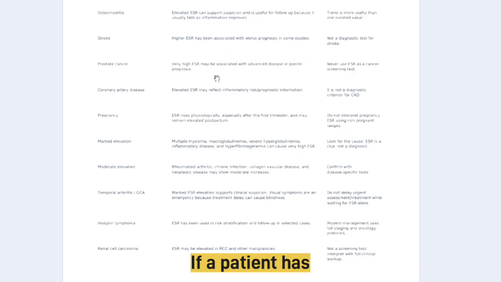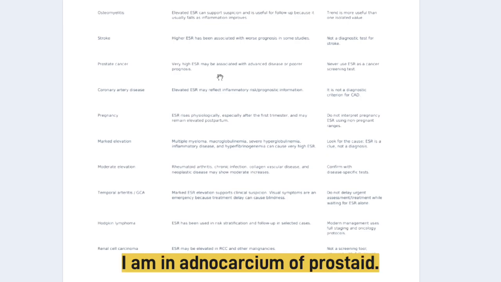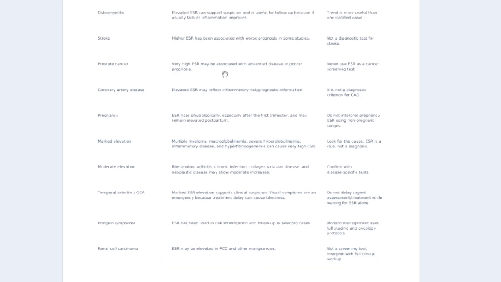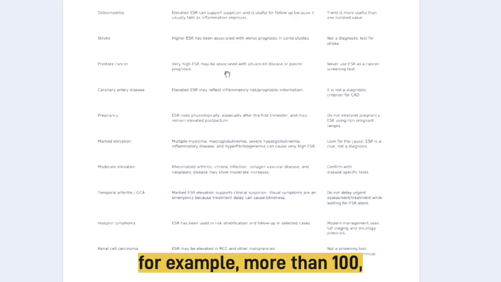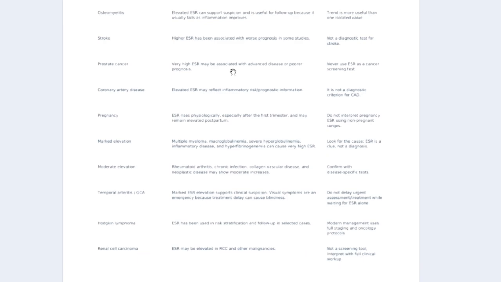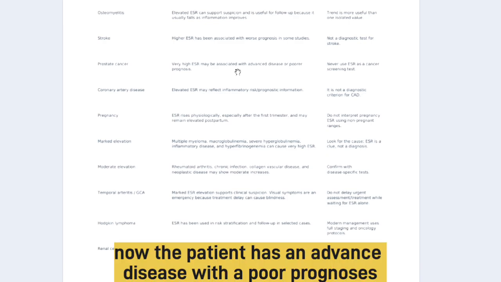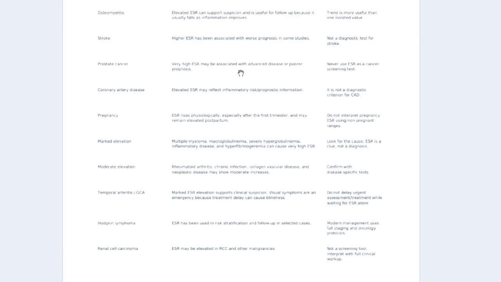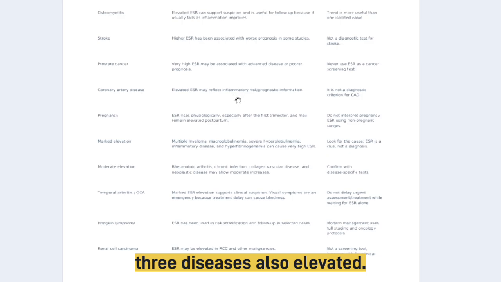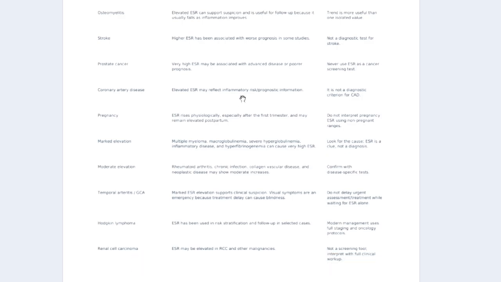If a patient has prostatic cancer, I mean adenocarcinoma of the prostate, and ESR is very high, for example more than 100, it means the patient now has an advanced disease with a poor prognosis and more probably with metastasis. In coronary artery disease also, elevated ESR reflects inflammatory risk and prognostic information.